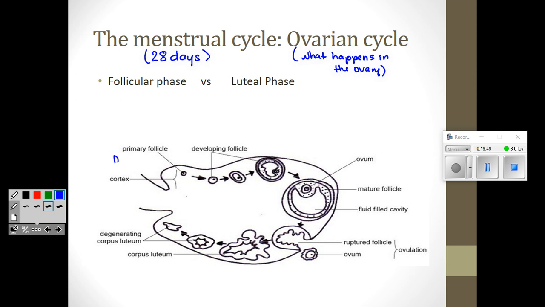So if this is, let's say, day 1 of her cycle, and then we continued to look at what was happening inside of the ovary each progressive day and we added to the picture, we would see that this little section here is basically day 1 to 14.